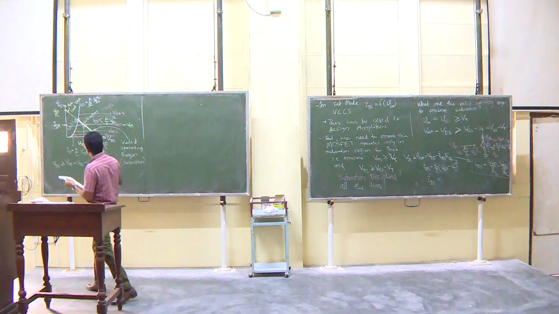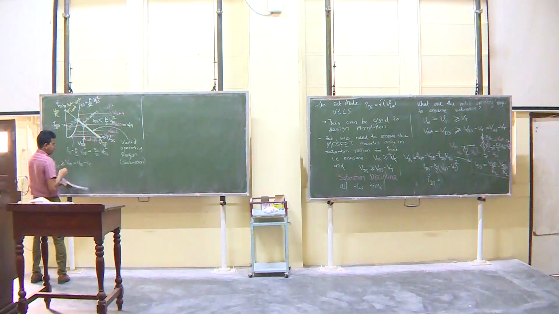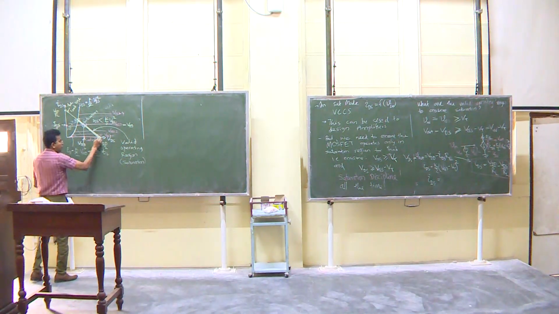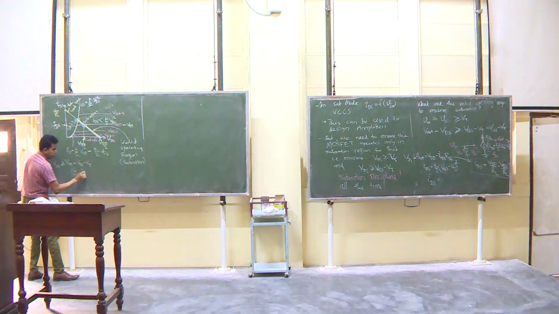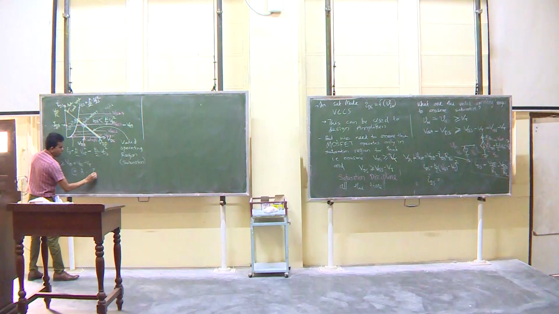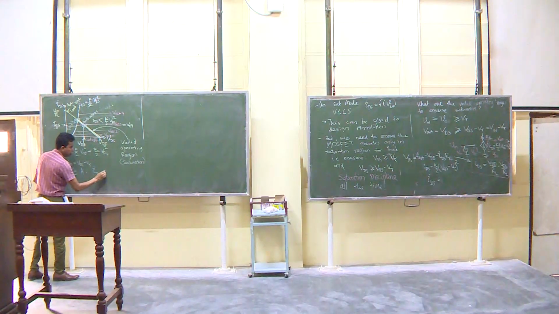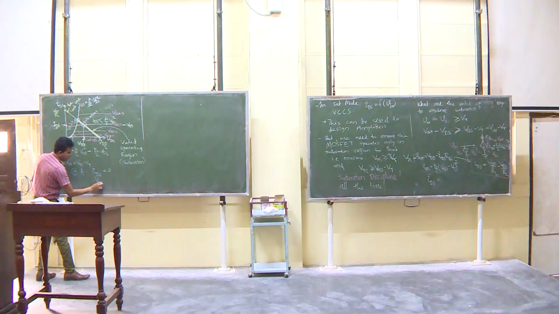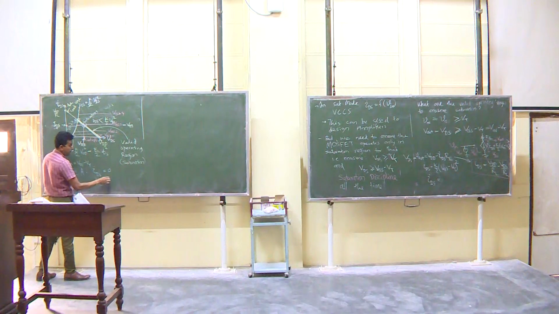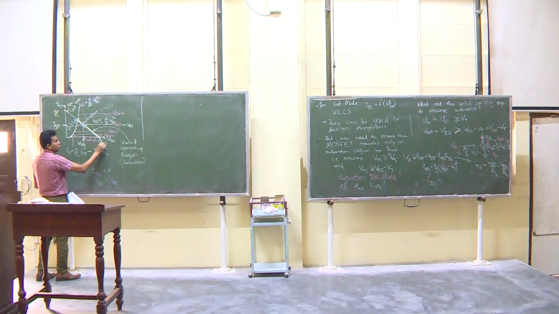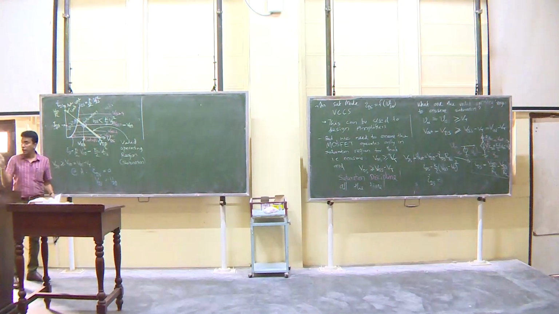So I know at A, IDS is equal to 0, VDS is equal to VDD, that's this value, VDD, right? We know that.